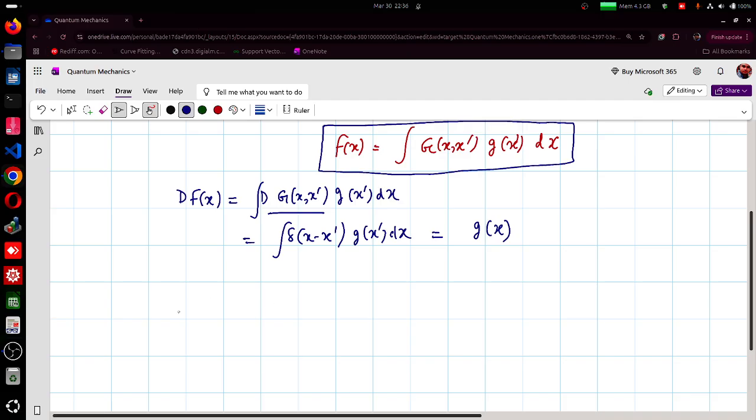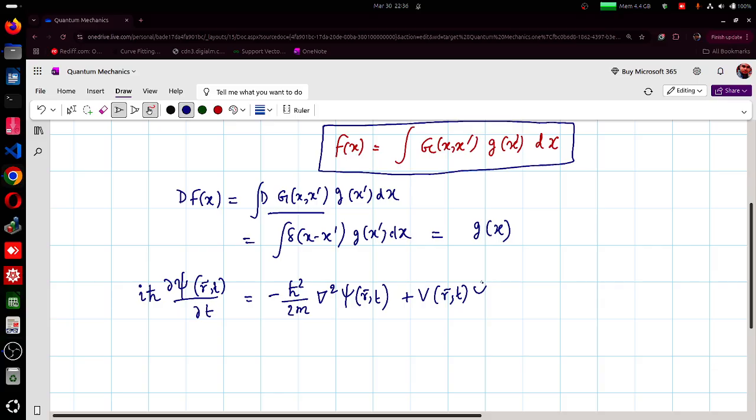So the Green's function acts like an auxiliary function to derive the actual solution. Using the similar concept in quantum mechanics, you can write the Schrodinger equation: i h cross del psi(r,t)/del t is minus h cross square by 2m del square psi(r,t) plus V(r,t) psi(r,t). If we are interested in finding psi, how can we express it?